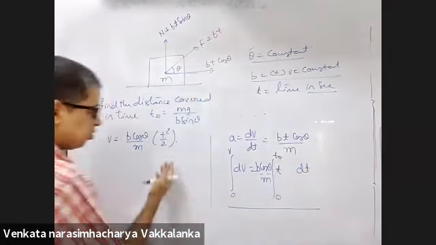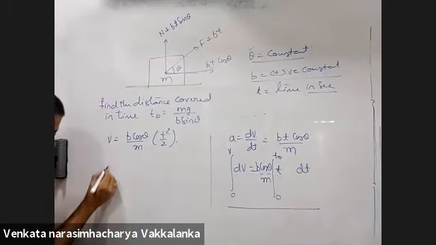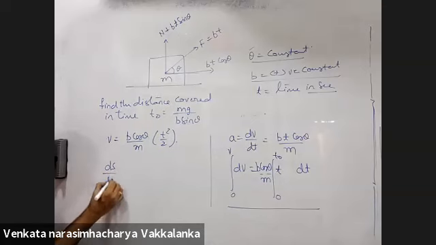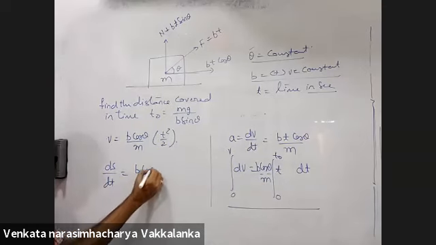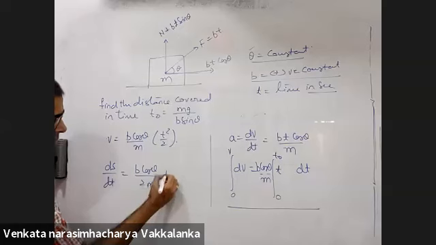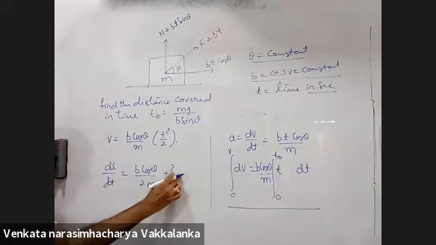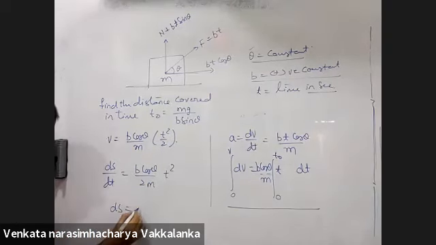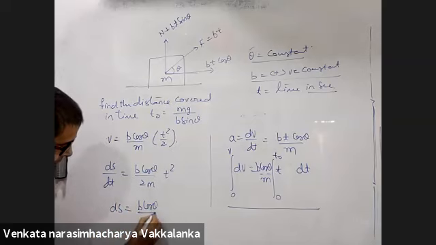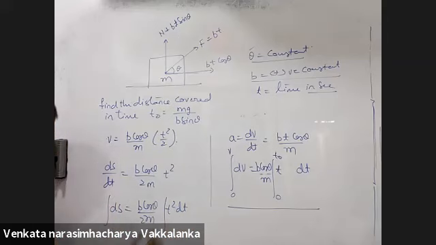Now I write v as ds by dt, equal to B cos theta by 2m t square. Bring dt to the right and integrate, t square dt from 0 to t naught and 0 to s. You will get the distance. That should not be difficult from here.